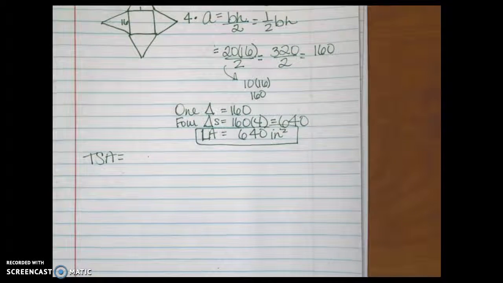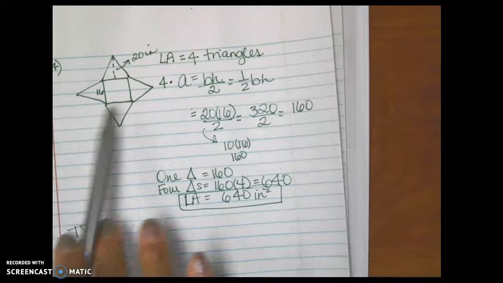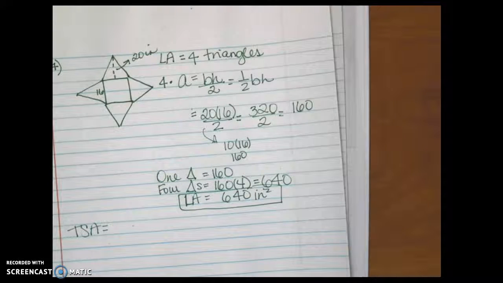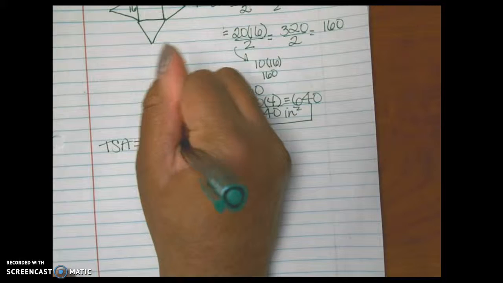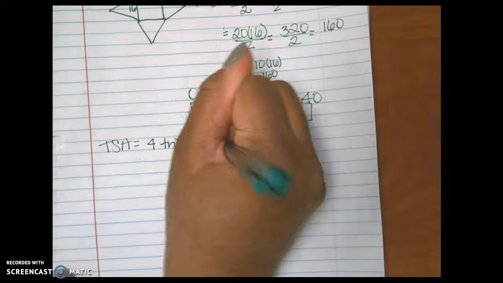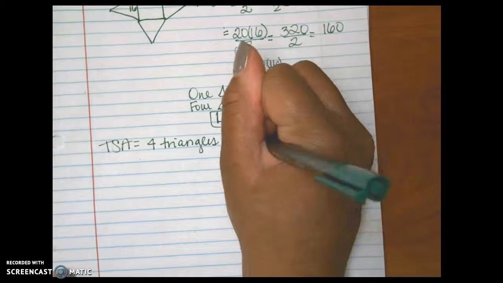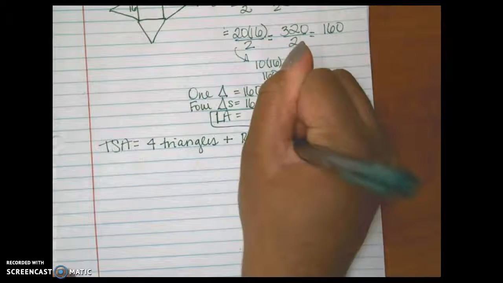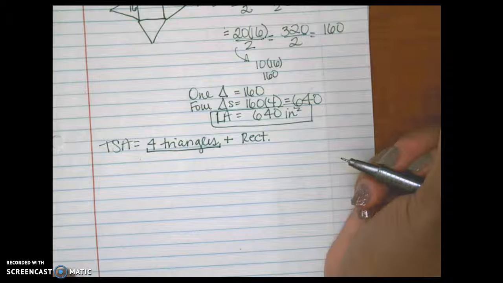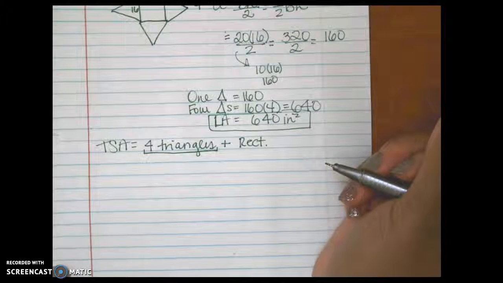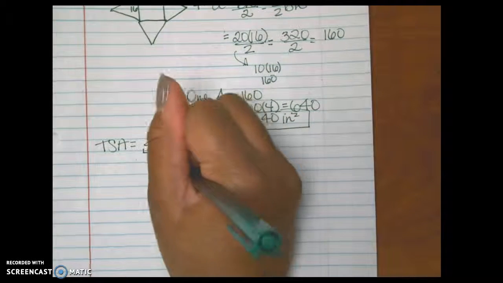What are all of my surfaces? 4 triangles and a rectangle. These 4 triangles are my what? My lateral area.